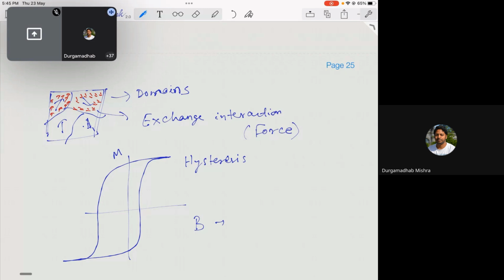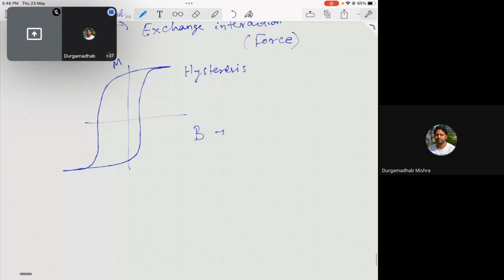But one thing which is interesting when we think of magnetic materials: if I take a big, arbitrarily shaped magnetic material and say it is uniformly magnetized, what I mean is that all the atomic moments are pointing in the same direction.